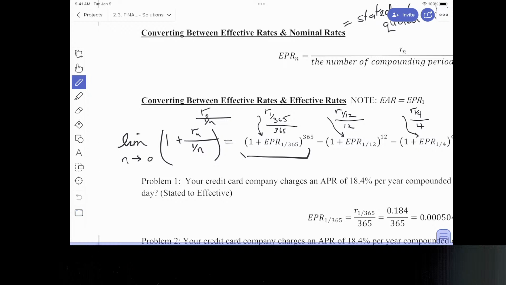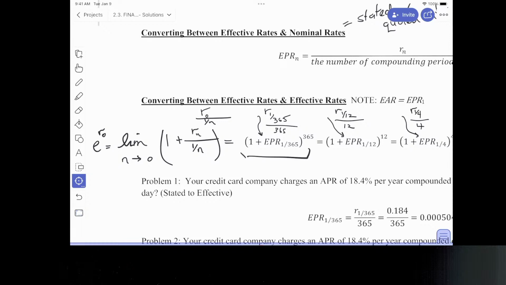So I'm going to put it here that this is actually equal to e to the R0. So we call R0 the continuously compounded rate. And I never mention this again, but I just want to tell you how this fits. It follows the same pattern as the other ones, where the compounding interval is the smallest, instantaneous.